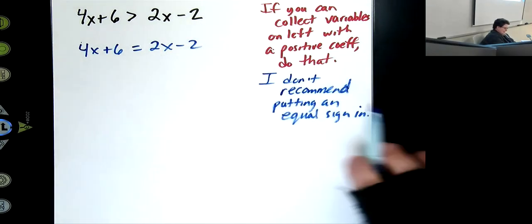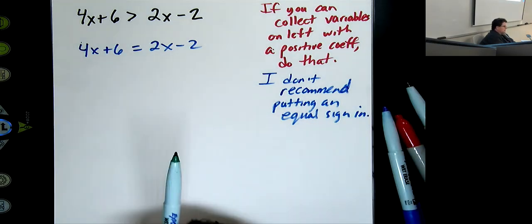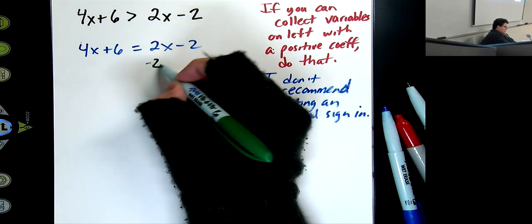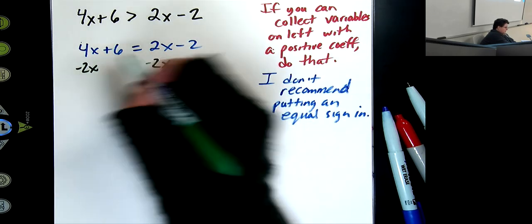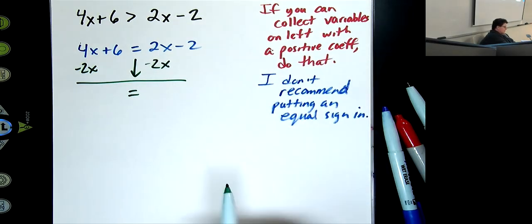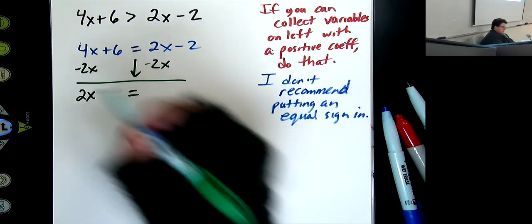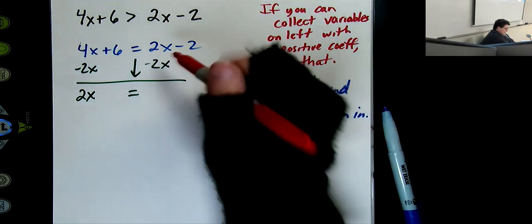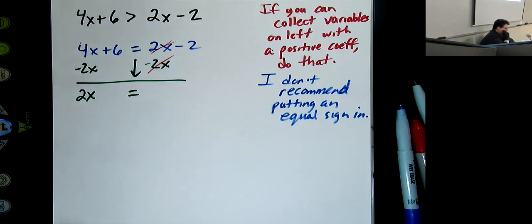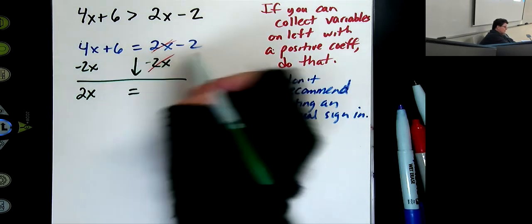We solve this the exact same way we did the stuff on Monday. I'm going to subtract 2x to get everything on the left. And if I do that, 4x minus 2x is 2x. And my 2x's over here go away. And while I'm moving the letters, I'm going to move the numbers over to the other side.